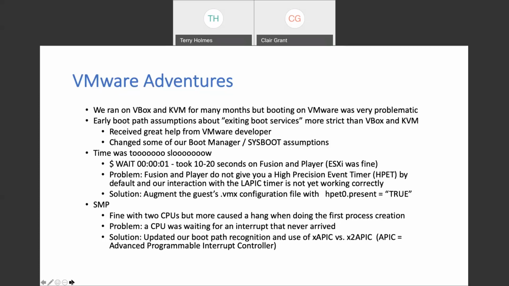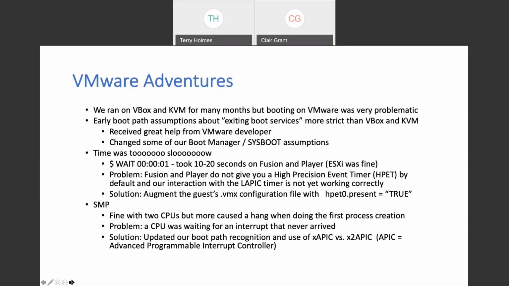This is always an adventure, but it was particularly true on VMware. We've been running on VirtualBox and KVM forever, and yet we couldn't get hardly anywhere on VMware. And I want to point out this next bullet. We got some amazingly good help from one of the VMware developers in a public forum. We owe them big time.